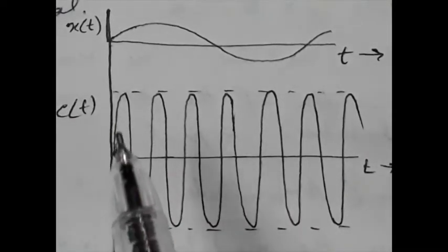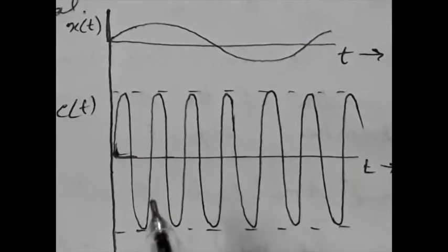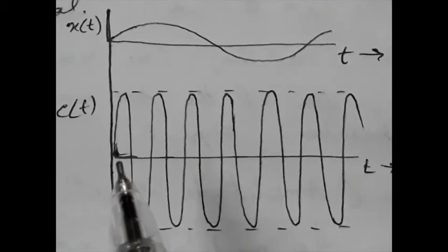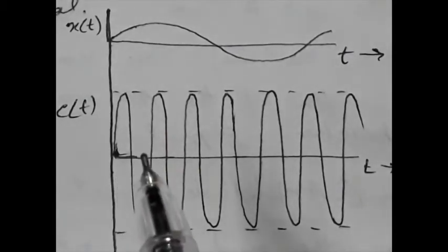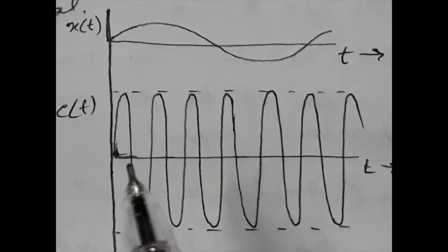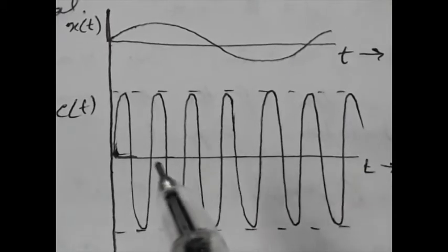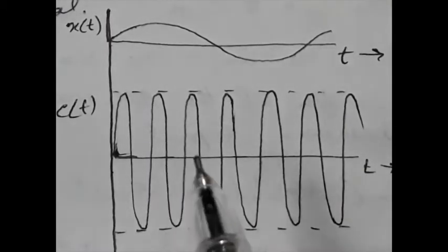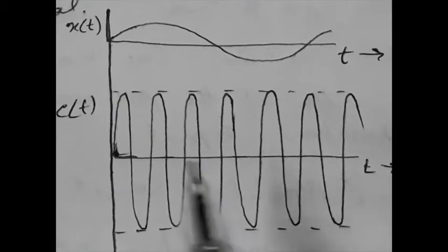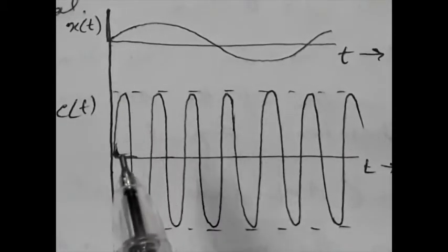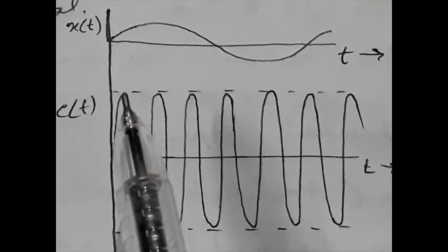Here the carrier is assumed to be sinusoidal in nature, so its time period, phase, frequency and amplitude remain constant. Now we have to change the amplitude of this carrier depending on this baseband.